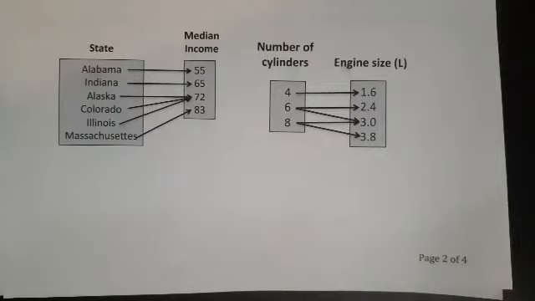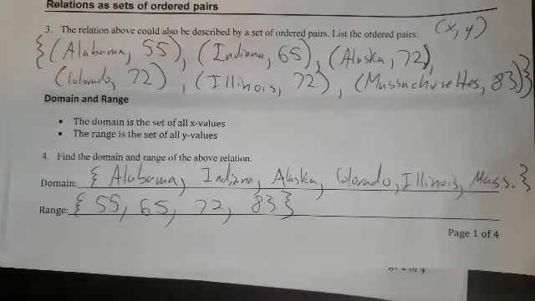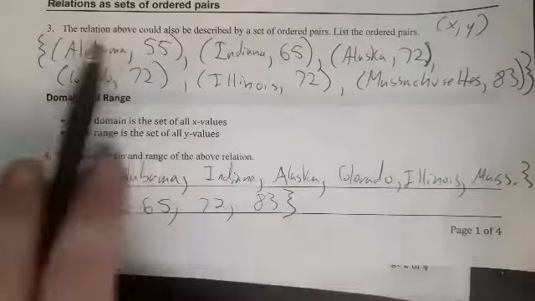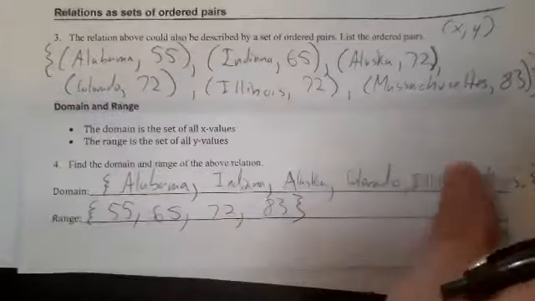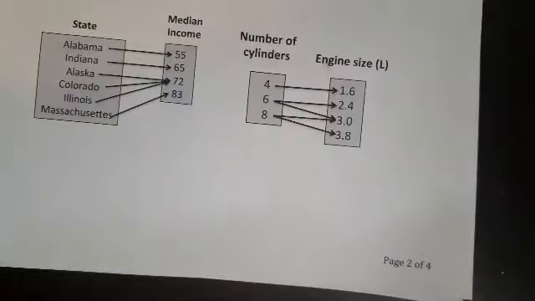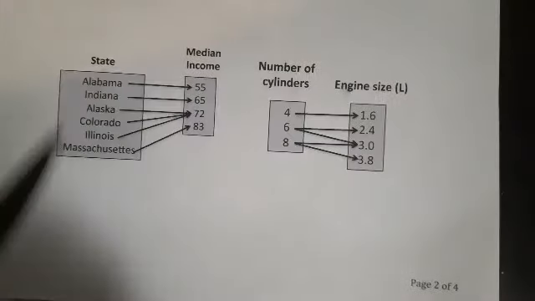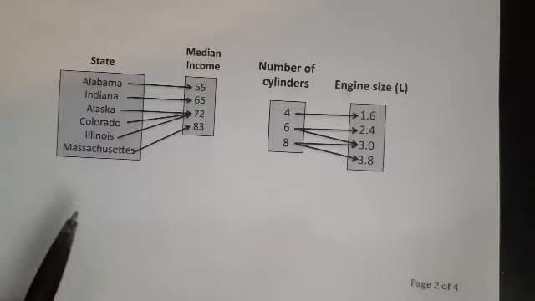Okay, so already this guy, let me grab the previous page. If we look at the way we wrote the ordered pairs, I think it's pretty obvious if we look at these x's, none of these x's ever repeat. We have a different state for each one. So this one, none of these x's, none of these domain values ever repeat.